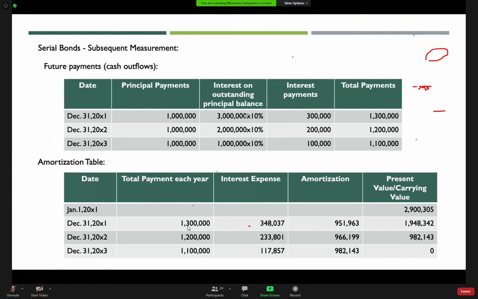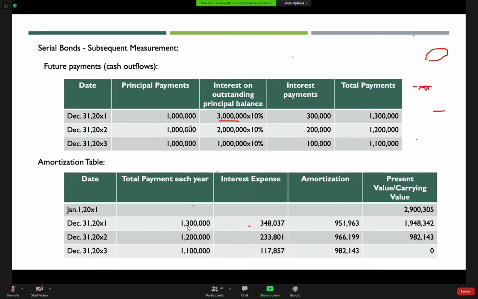So, for December 31 on the first year, yung buong 3 million, yung buong face value ng liability will have an interest because 3 million is the outstanding balance for that period. So, 3 million yung magiging basis ng interest payment mo. 3 million multiplied by 10%, you will get the interest that will be paid for the first year, 300,000.